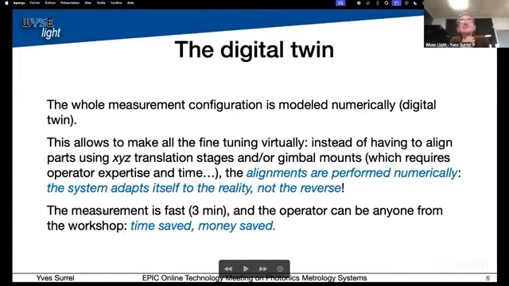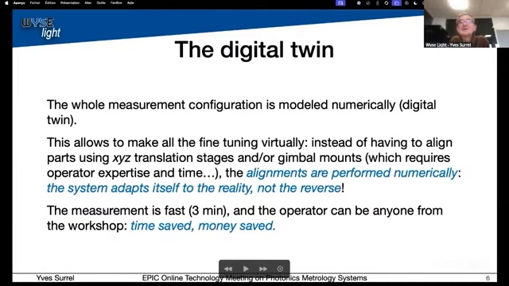Everything is based on what can be called the digital twin, because all the measurement configuration is modeled numerically. As compared to other metrological systems you may know, like interferometry, this allows making the fine-tuning virtually.